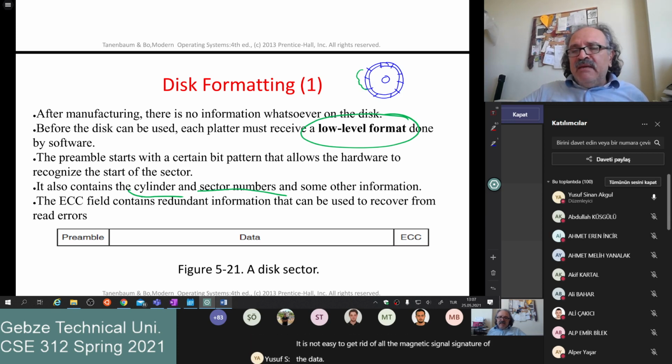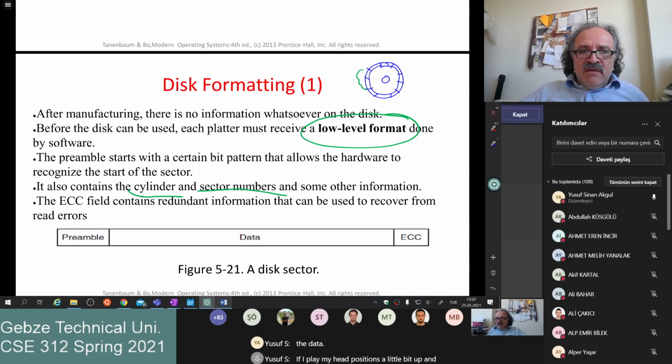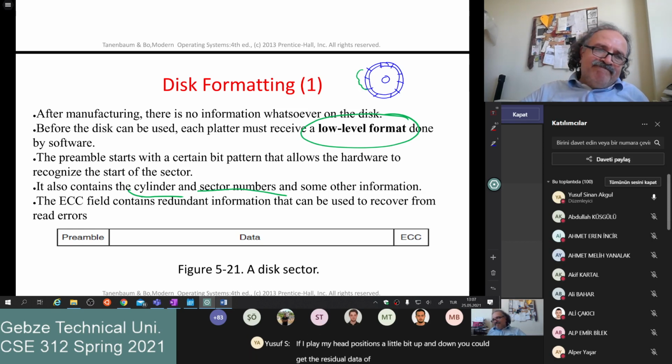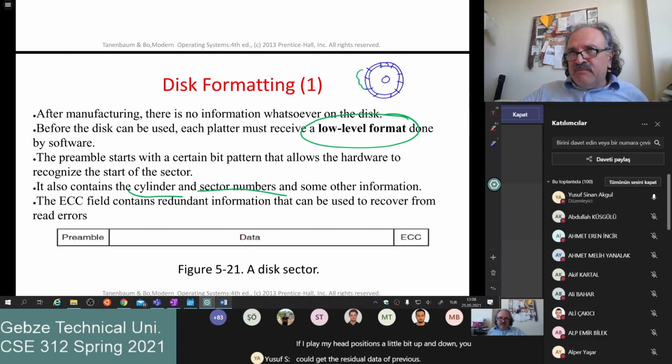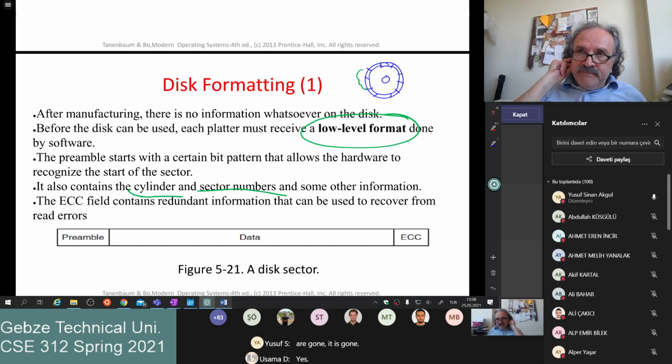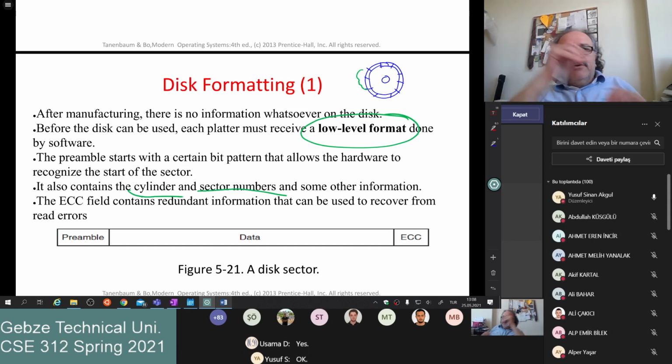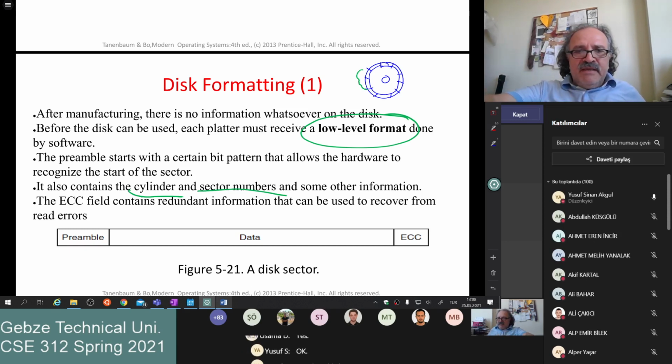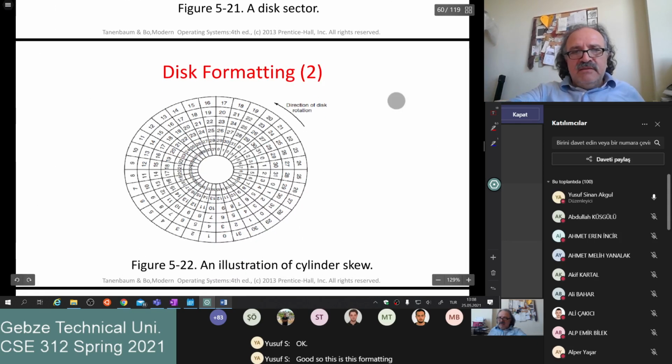If I move my head positions a little bit up and down, you could get the residual data of previous usages. Yeah, it is possible. But for the SSDs, once the things are gone, they are gone. Good. So this is disk formatting, low-level format.